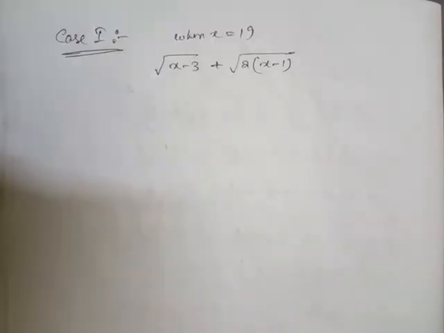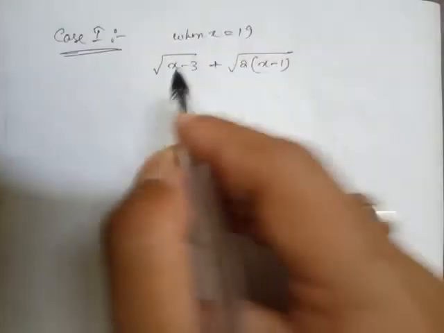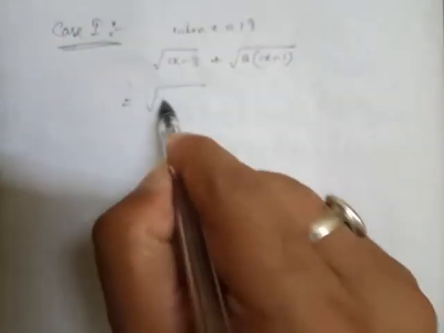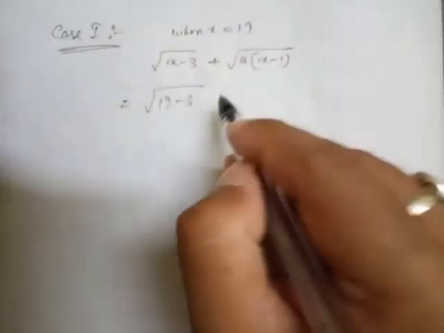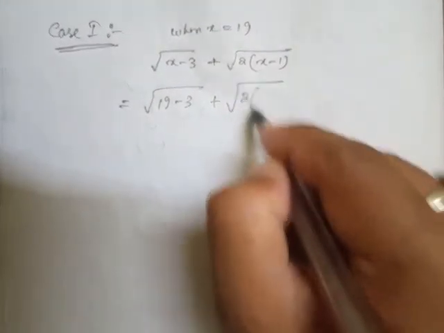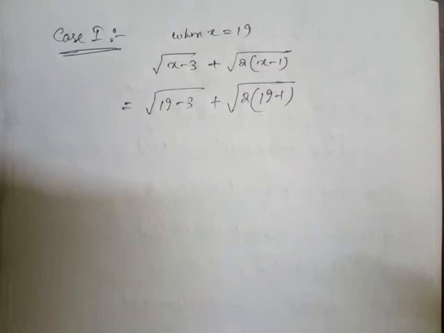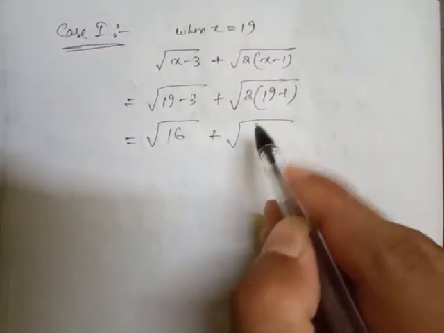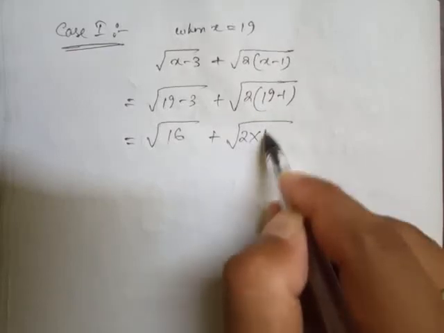Now look student, for case 1, when x equal to 19, if I put the value here, what will happen? 19 minus 3 and root over 2 into 19 minus 1, so 19 minus 3 means 16 here, and 2 into 19 minus 1 is 18.